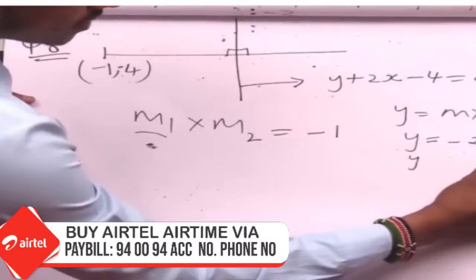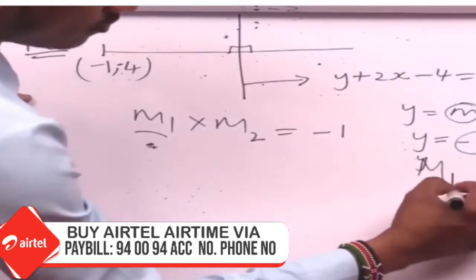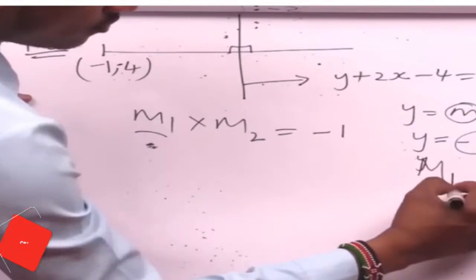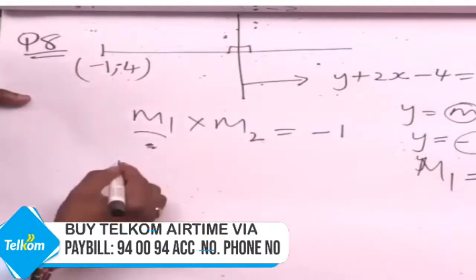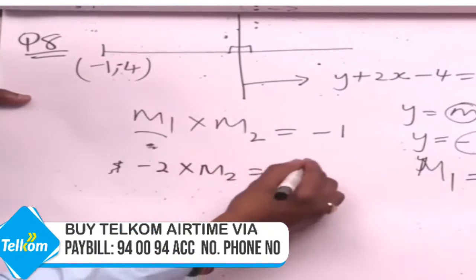So what is the gradient? This is the gradient. Therefore, gradient of line m1 equals minus 2. Then come back here. m1, which is minus 2, times m2 equals minus 1.